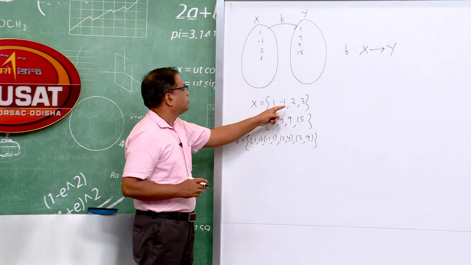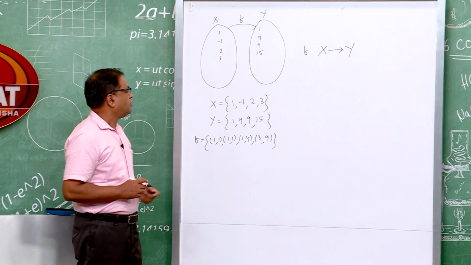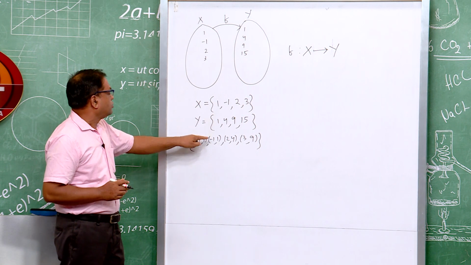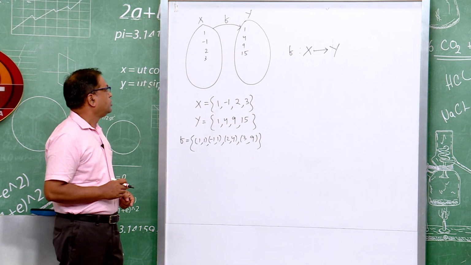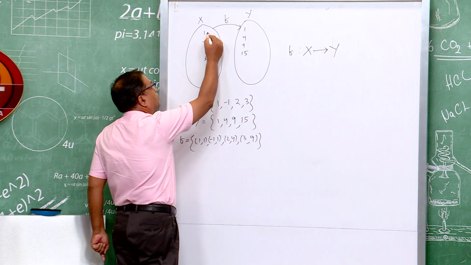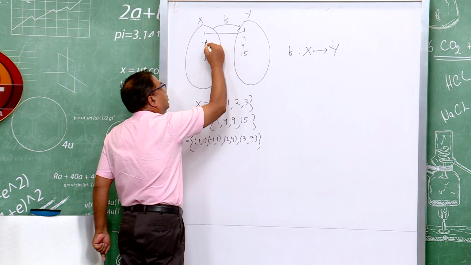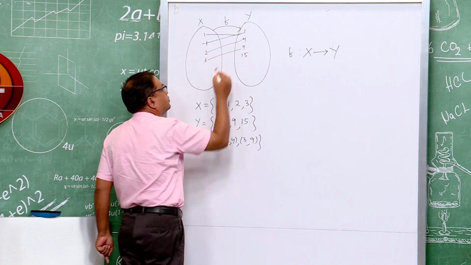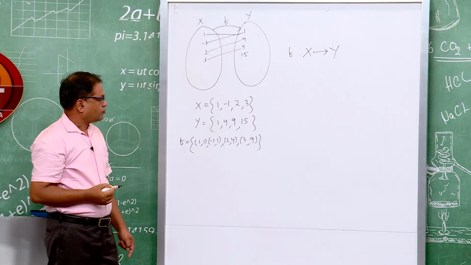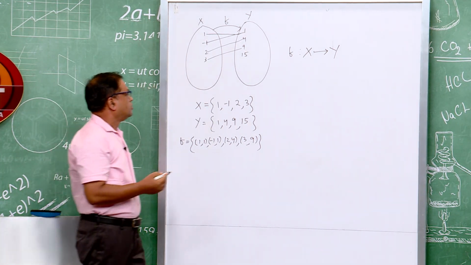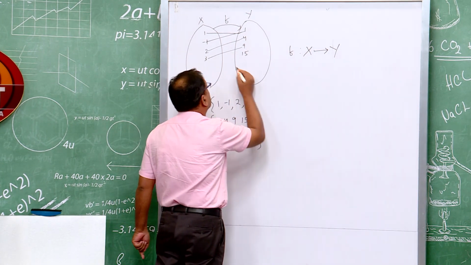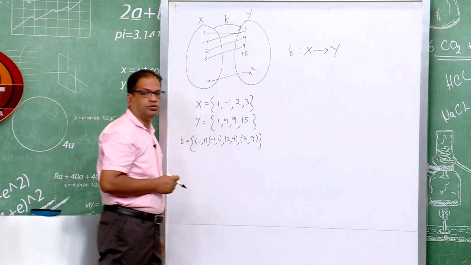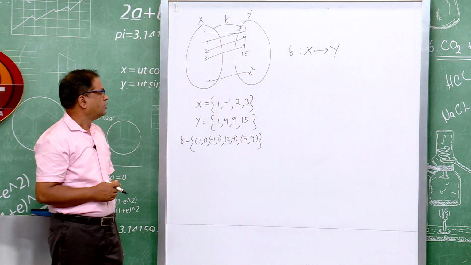X is equal to {1, -1, 2, 3}, Y is equal to {1, 4, 9, 15}. So, the function is (1, 1), (-1, 1), (2, 4), (3, 9). That means 1 goes to 1, -1 to 1, 2 goes to 4, 3 goes to 9. This is nothing but x goes to x square.